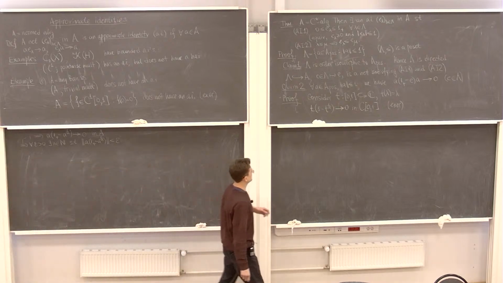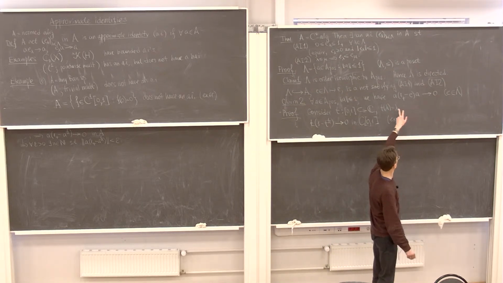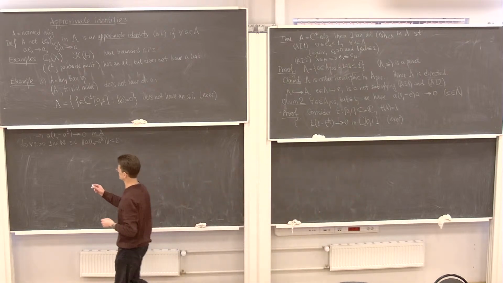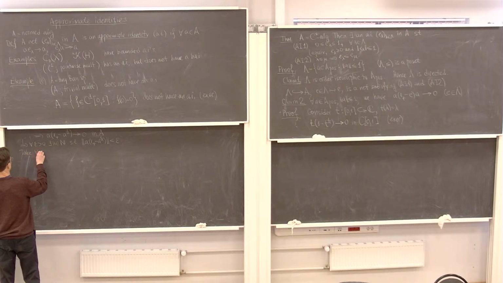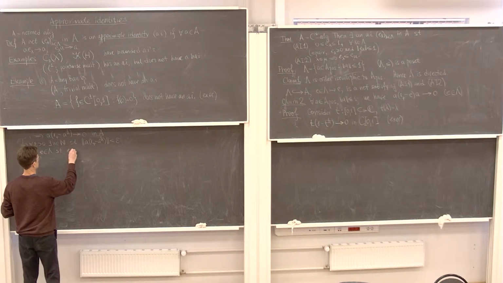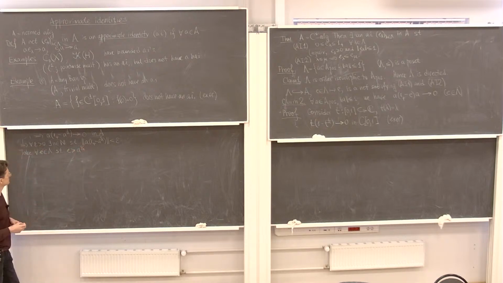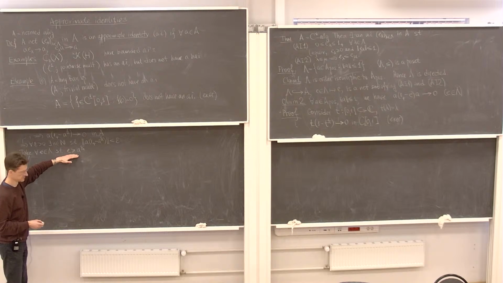And now to show that this net converges to 0, we take any element E in lambda such that E is greater than or equal to A to the power 1 over n. So we have already found n, and we choose any E satisfying this condition.